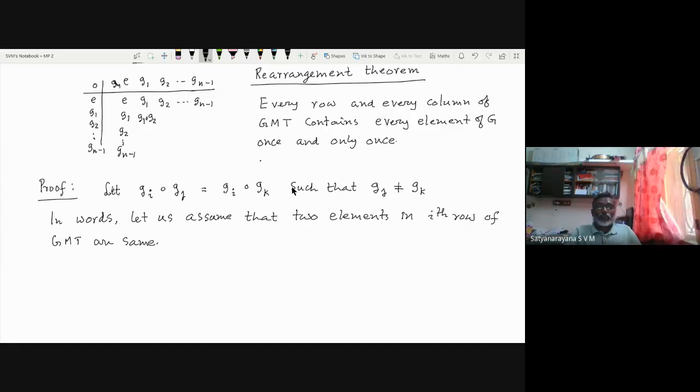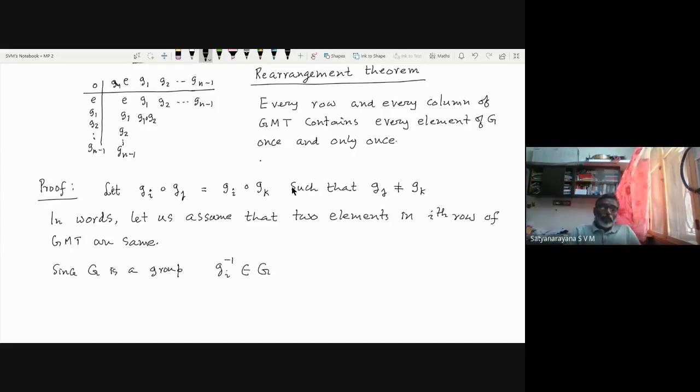That is the meaning of this mathematical statement. Now, since G is a group, Gi inverse exists, because for every element an inverse exists.